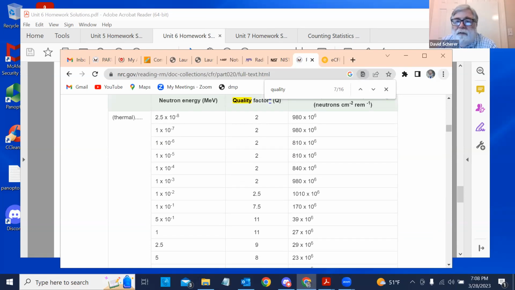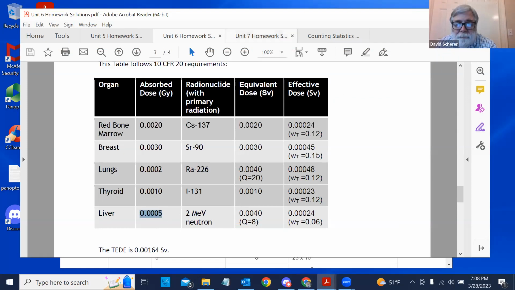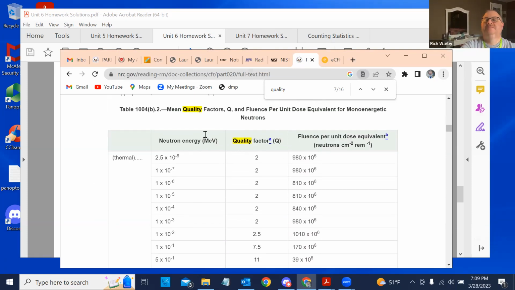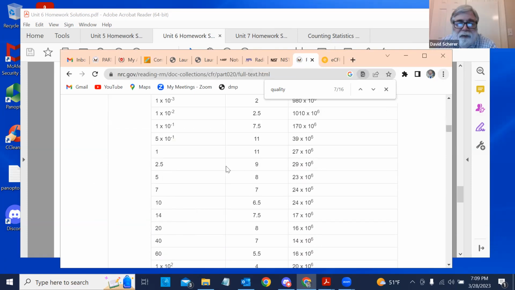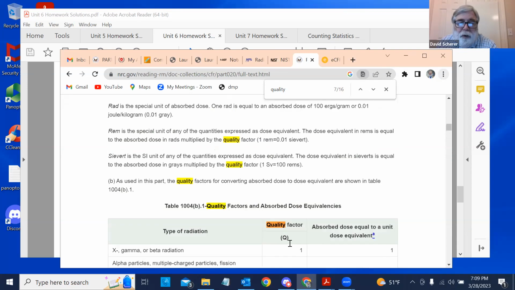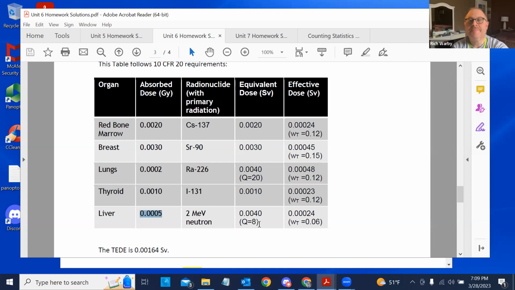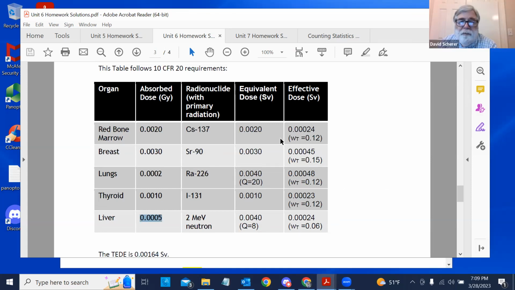We had an energy of 2 MeV. So if I look here for 2, this is energy in MeV, there's a factor. Now, I could have used 8, I could have used 9. I wouldn't count you wrong if you used the unknown energy as well. That would be fine. But that's why I used a quality factor of 8, based on that table. Okay, in the NRC world.